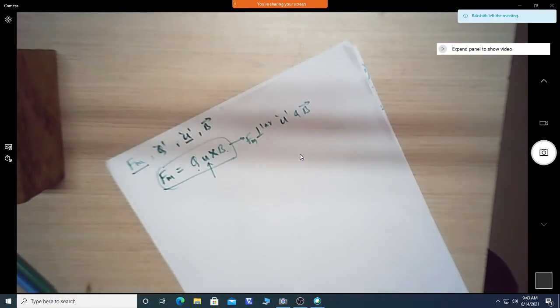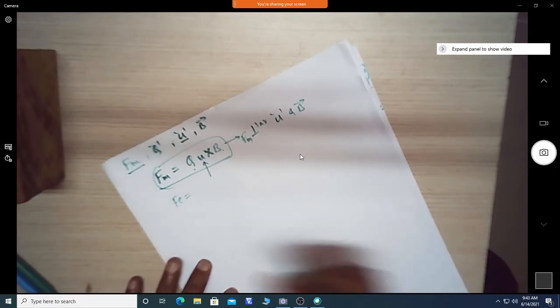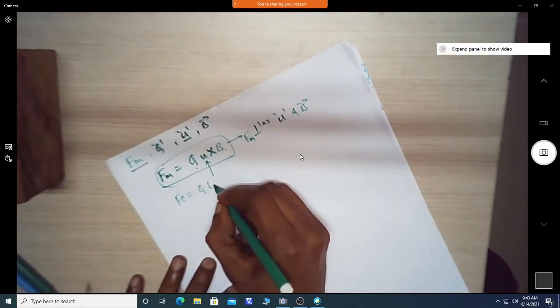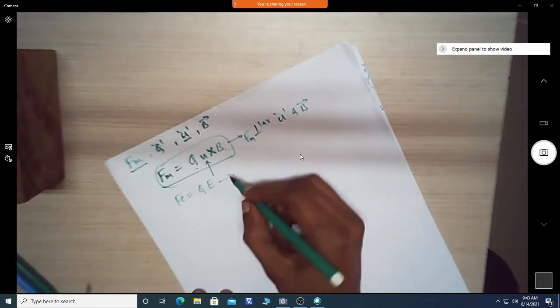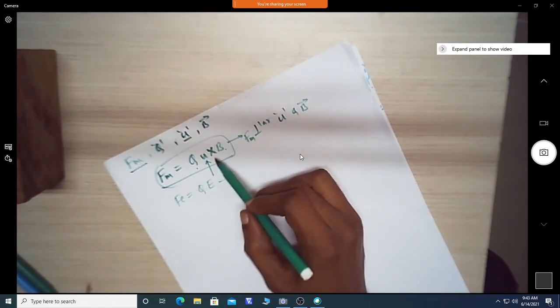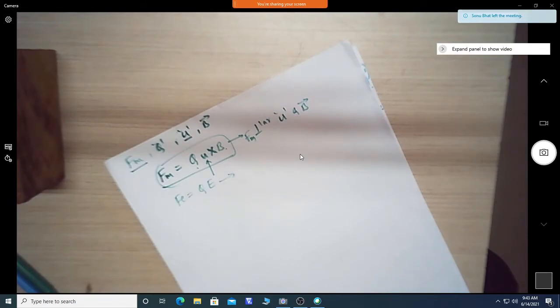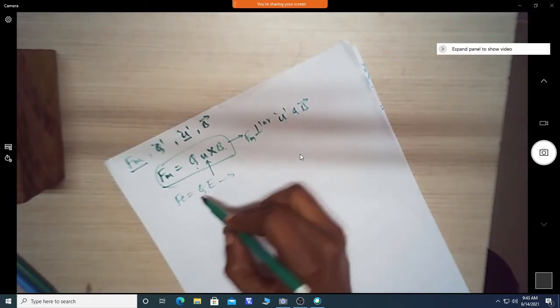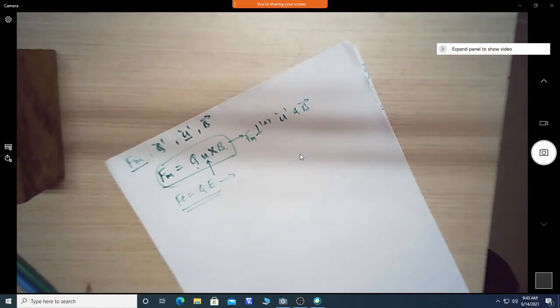Now we have the force due to an electric charge, Fe equal to Q into E. These two equations come from Coulomb's law and from magnetic experiments. We see that Fe is independent of velocity. In this equation there is no velocity of the charge because the charge is at rest.